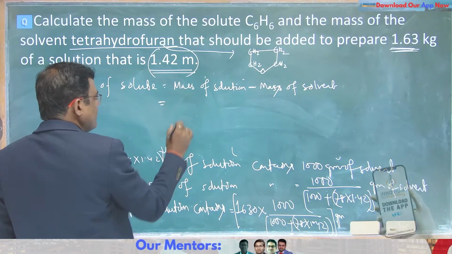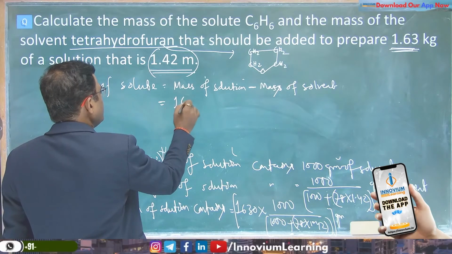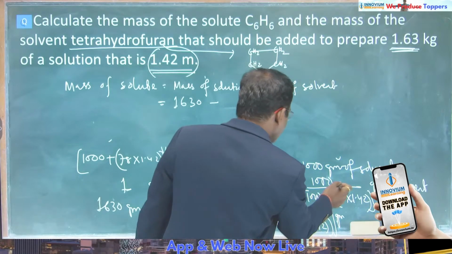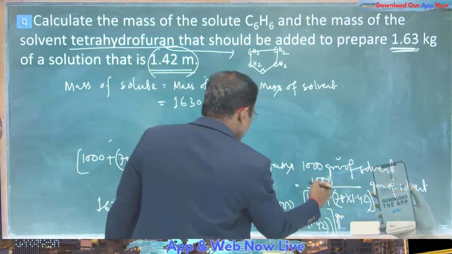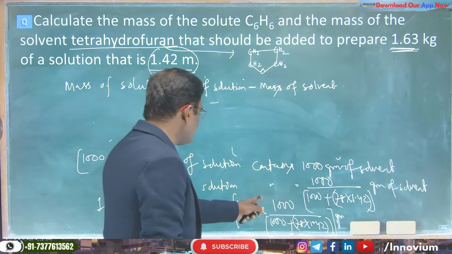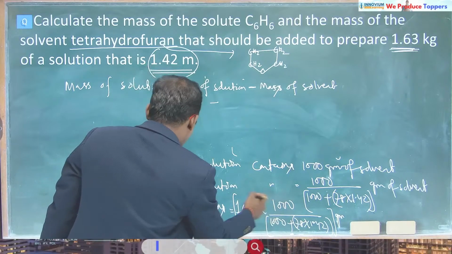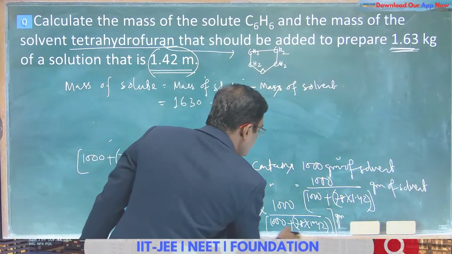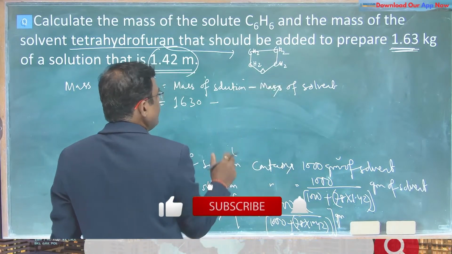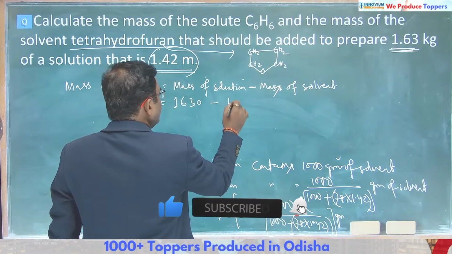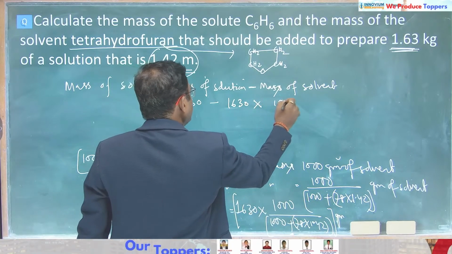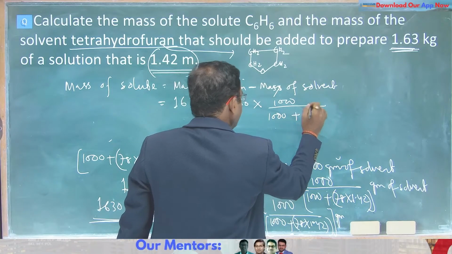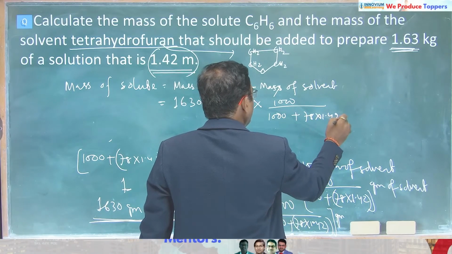Mass of solution is 1630 minus mass of solvent. Mass of solvent is this one, which is present in 1630 gram of solution. So we should consider this much mass of solvent here: 1630 multiplied with 1000 upon 1000 plus 78 into 1.42.